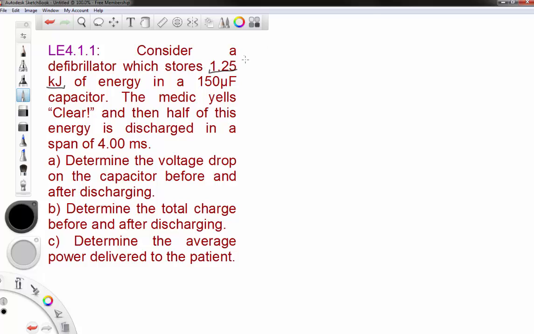That means that we can write U equals 1,250 joules, and it's being stored on a capacitor which has a capacitance of 150 microfarads. So C is equal to 1.50 times 10 to the minus 4 farads.